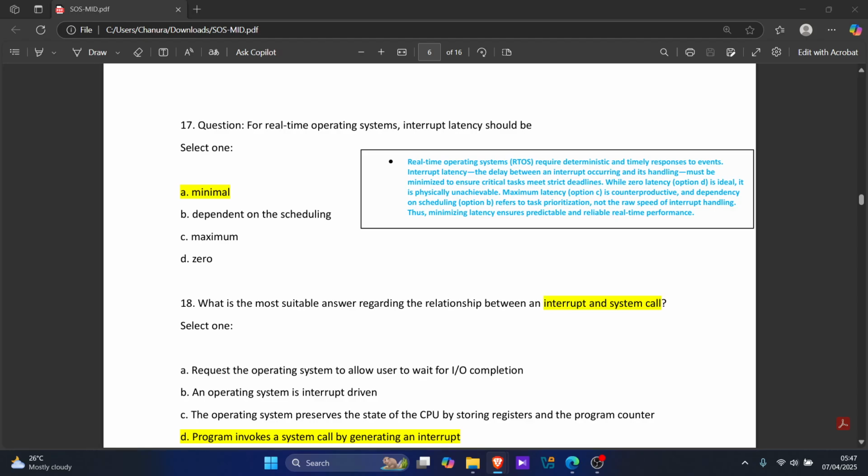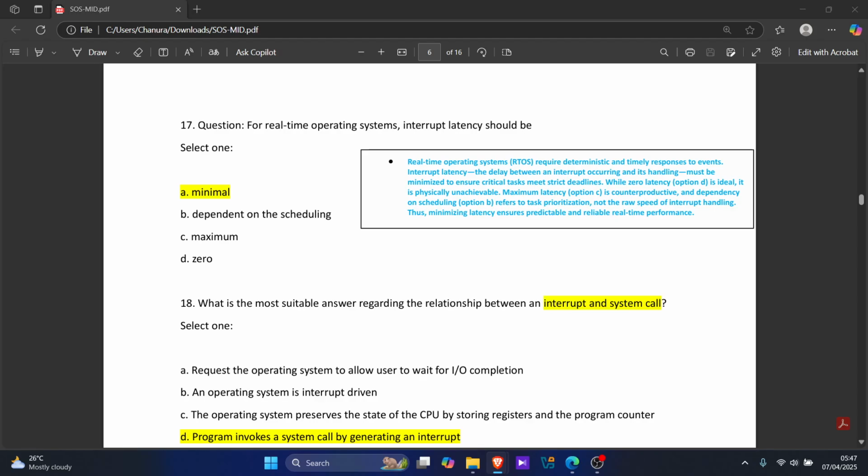Interrupt latency is the time between when an interrupt is generated and when the system starts processing it. So, for real-time systems, this latency is critical. If the latency is too high, the system might miss its deadline, which could be catastrophic in systems like automotive airbags or medical devices. So, the answer should be that the interrupt latency should be as low as possible.